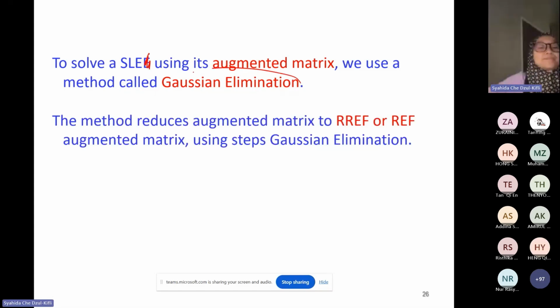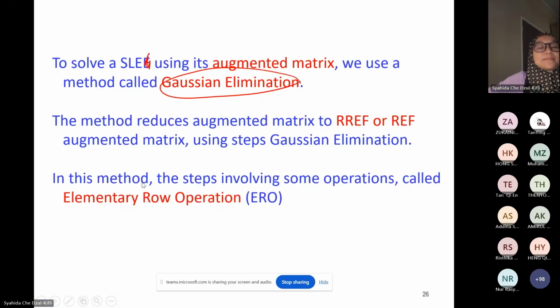This method reduces the augmented matrix to an RREF or REF augmented matrix using some steps. And in this method, we use operations called elementary row operations. There are 2 types of elementary row operations. We are going to look at that later on.